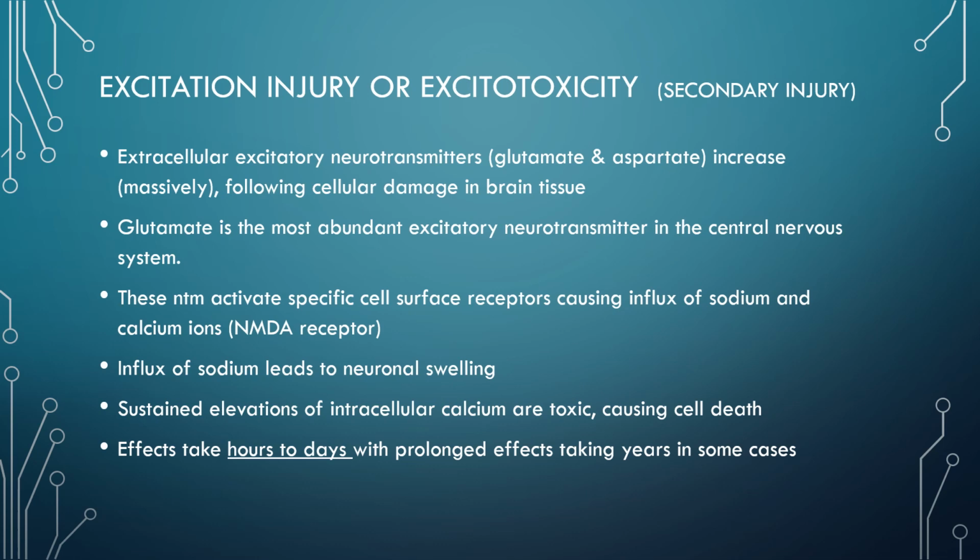As this cascade goes on and you have increased levels of intracellular calcium, that's toxic and causes further cell death. So it's this cycle that the brain gets into and can't get out of.